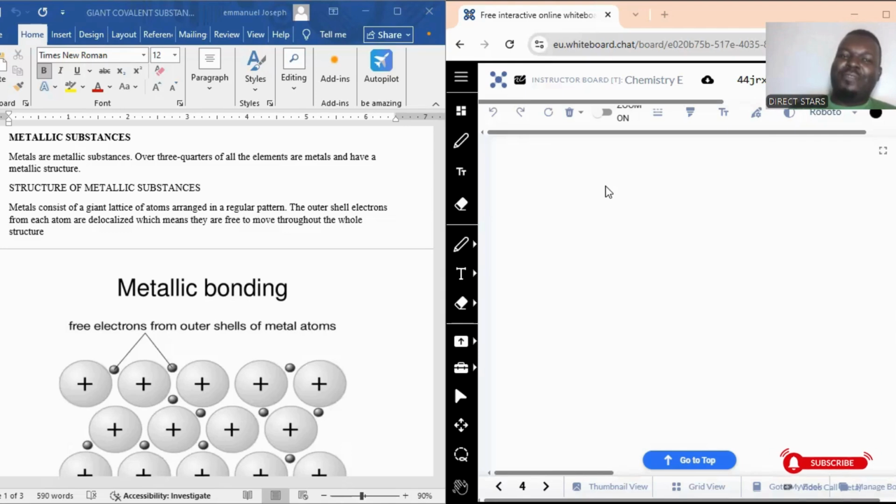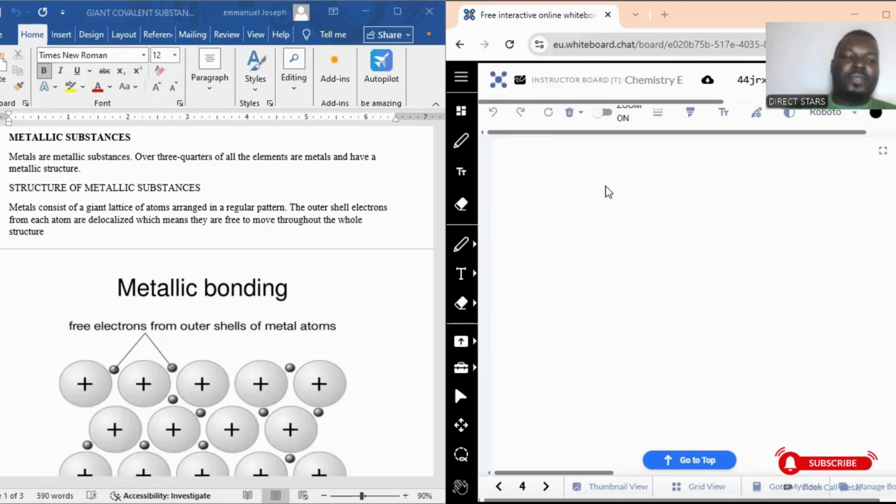In fact, going back to what we treated in the last 3 lessons on this channel, when we treated graphite and diamond, we said graphite can conduct electricity because graphite has delocalized electrons. In fact, graphite is the only form of carbon, a non-metal, that can conduct electricity because of this unique feature that it has.